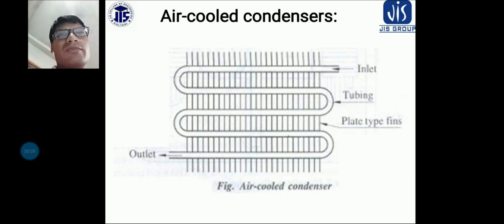So COP is equal to RE by W. So 1 plus 1 by COP is equal to the heat rejection factor. Thus the heat rejection factor depends upon the COP, which in turn depends on the condenser and evaporator temperature.